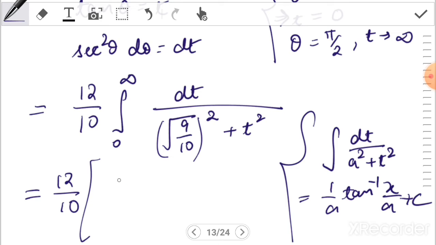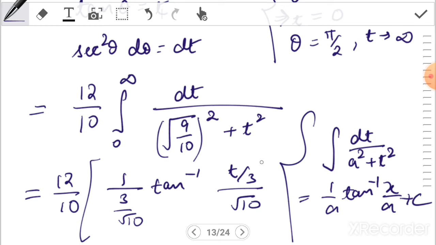So a is 3 by root 10, so 1 by 3 by root 10 tan inverse t by 3 by root 10, varying from 0 to infinity. Okay.